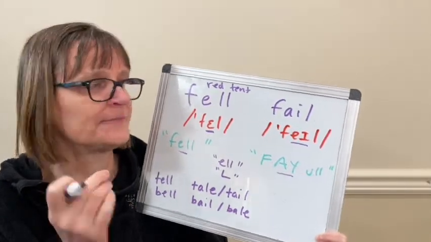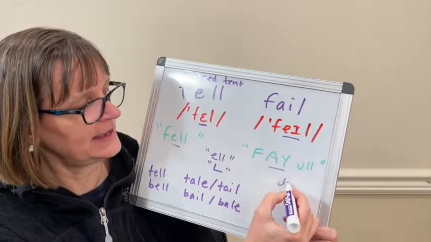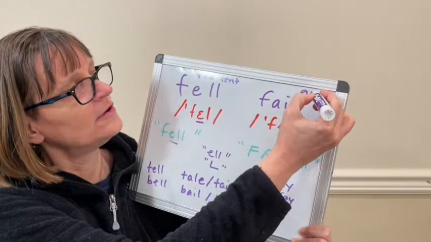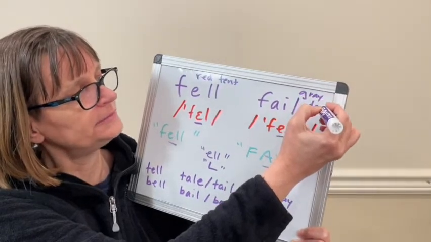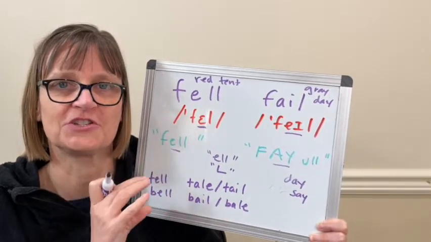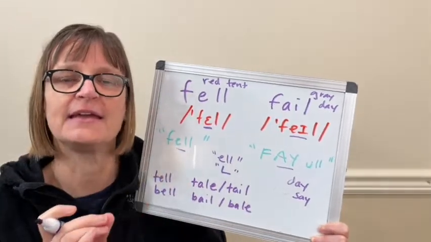A. For most people, when they say this in words like day or say, I call this one the gray day vowel, they don't have too much trouble making that diphthong because they just naturally hold the vowel longer and close as they're finishing. Day, say.